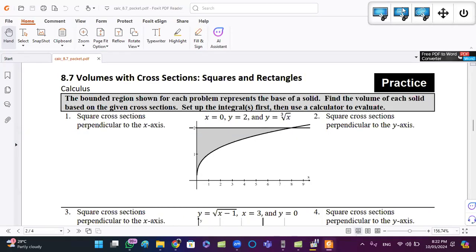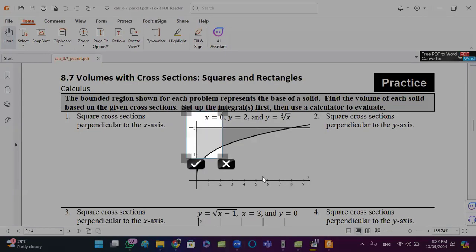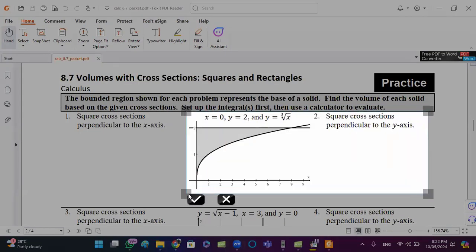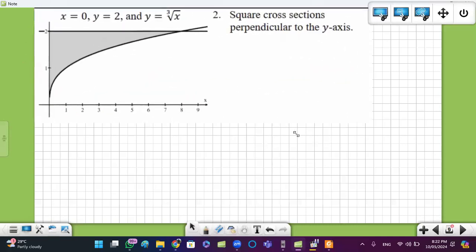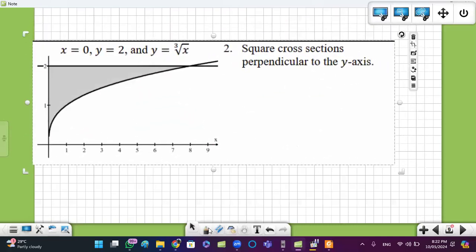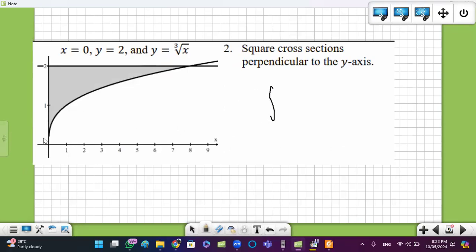Now, let's do this one. Perpendicular to what? The y-axis now. So the integral will be in terms of y, from 0 to what? 8? No, I'm working on the y-axis, so it will be 0 to 2, correct?